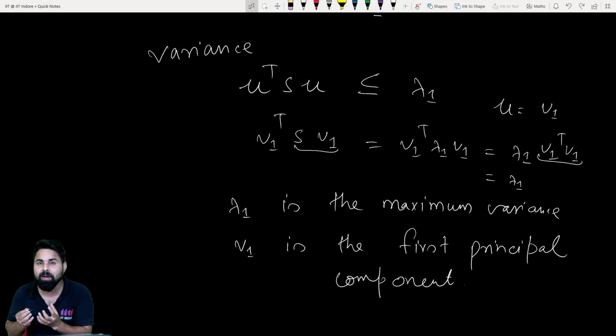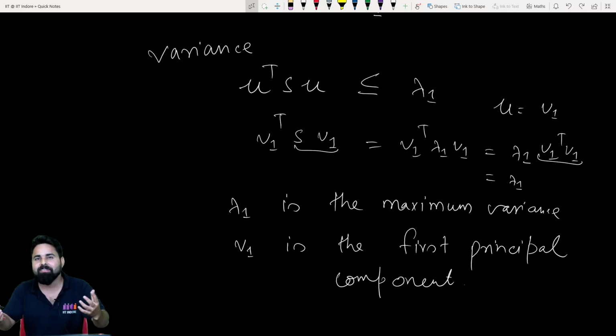Surprisingly, the other principal directions are nothing but your other eigenvectors, V2, V3 up to Vd, corresponding to lambda 2, lambda 3 up to lambda d, and the eigenvalues will again give you the variance along these other principal directions, and we will prove it shortly.